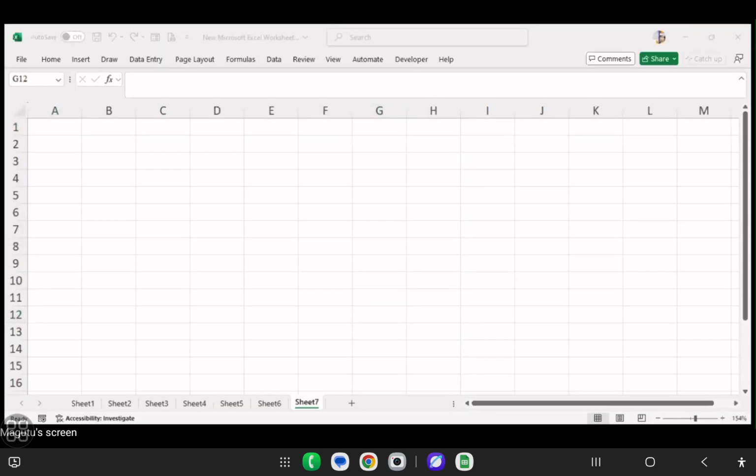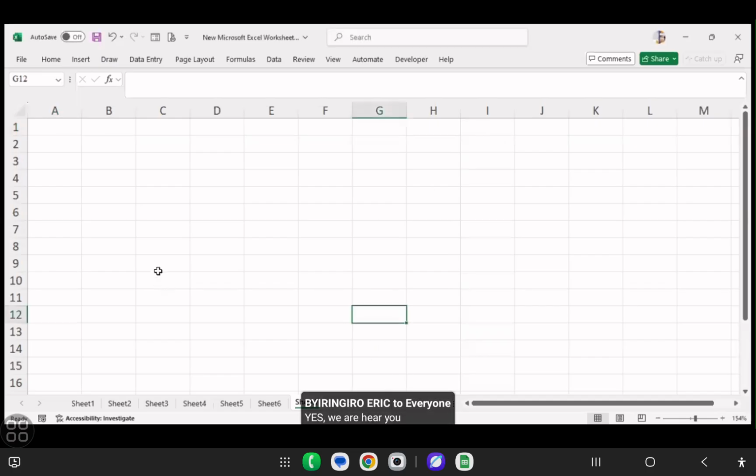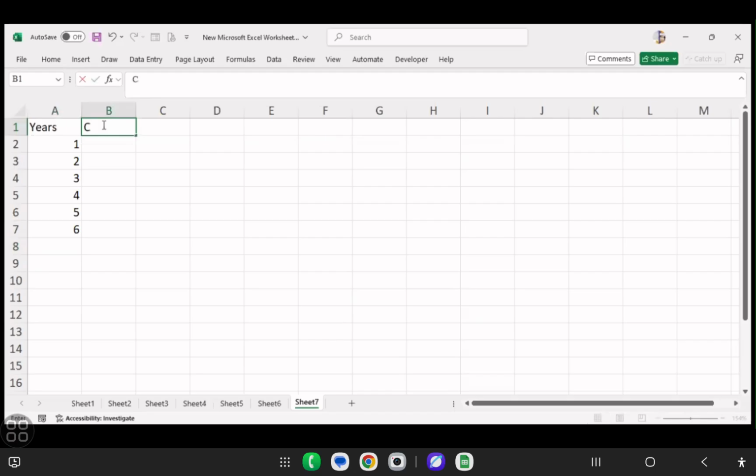Can you see my Excel sheet? Good. I want to use Excel so that I can move fast. Years 1, 2, 3, 4, 5, 6. I want to confirm what you've determined. The cash flows: I had 120, I had 150, 210, I think.